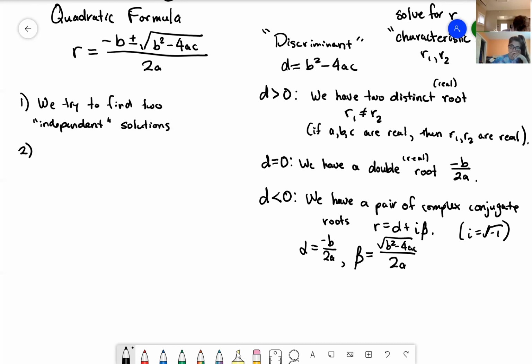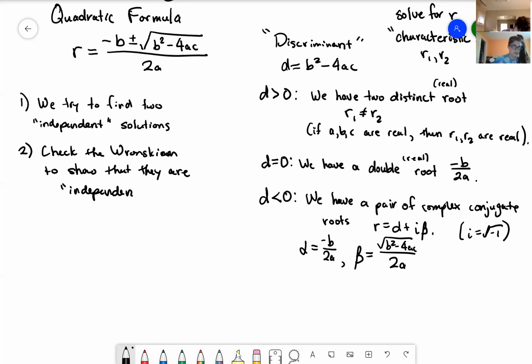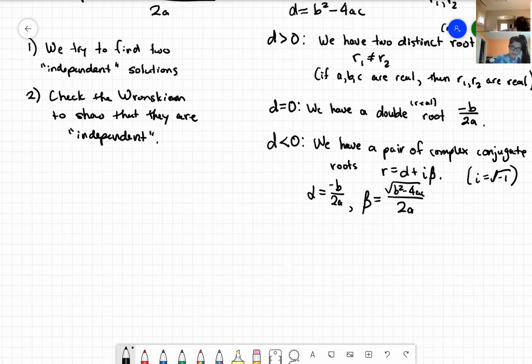And what we really mean, check the Wronskian to show that they are independent. And right, we just mean by independent that the Wronskian is non-zero. So we can use them to generate any solution, any specific solution.